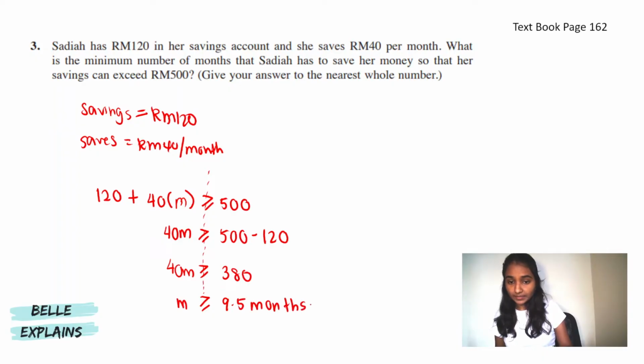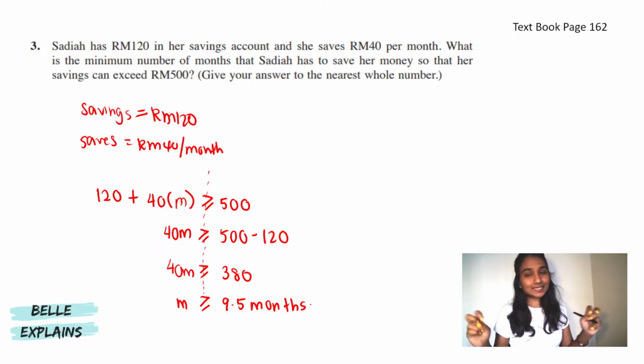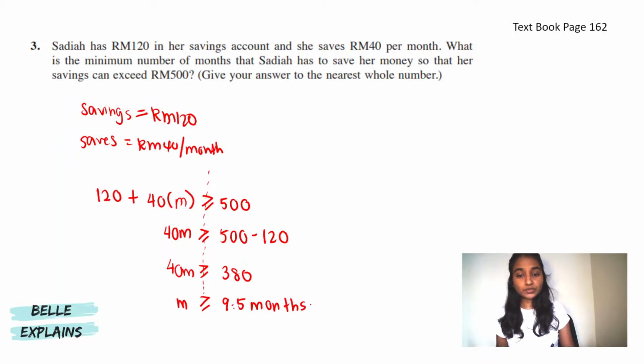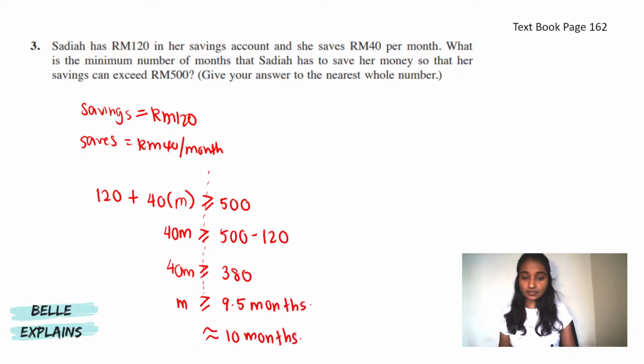But 9.5 months is not exactly a month, so you have to give it to the nearest whole number. If she were to save only for 9 months, she's not going to reach the amount that she wants, so she has to save for at least 10 months, because 9.5 is not a whole number.